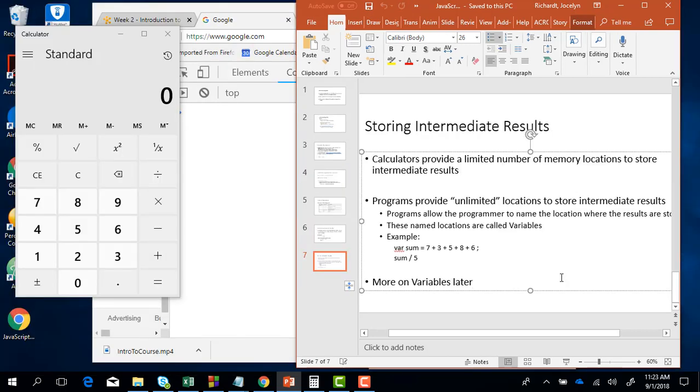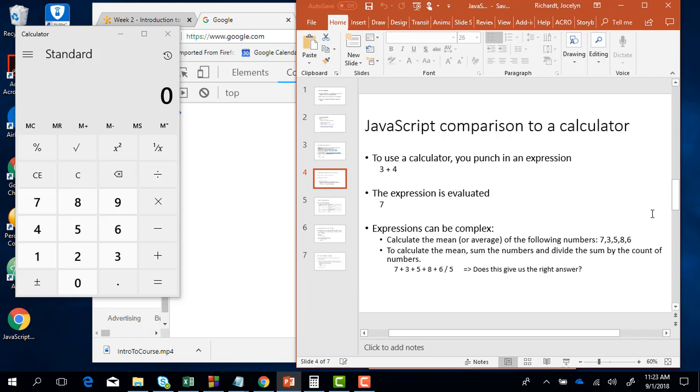Let's look at comparing using a calculator and evaluating expressions in JavaScript. So we can punch into the calculator an expression, maybe something like 3 plus 4, and we get the answer 7.